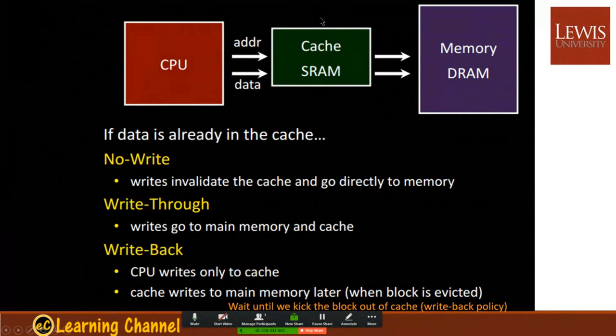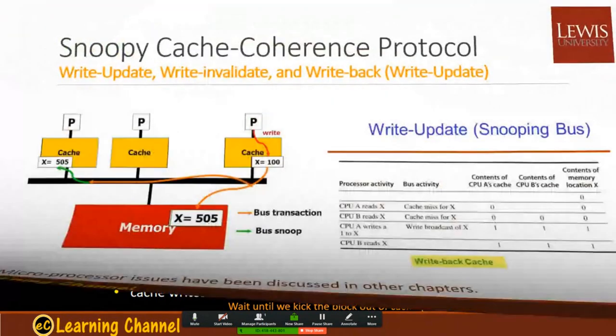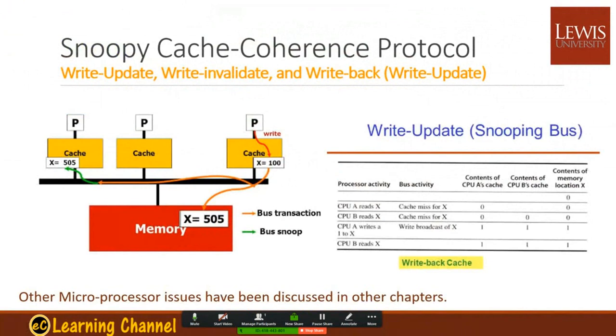With write back, the CPU writes only to the cache, but later when people access it, you will write to the memory as a block. But there is also write invalidate. You write to your cache, but invalidate the memory copy and the other caches' copies as well. So that's the write operation. The read operation usually has no such problem. So right here we have the Snoopy cache coherence protocol. We have write update, write invalidate, and write back.